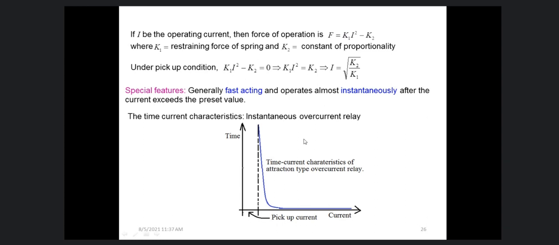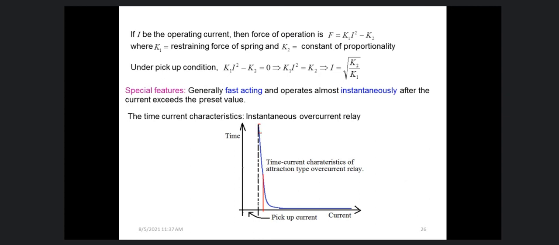So what will be the time current characteristics? Ideally, beyond the pickup current, it will trip. So this side is time, this side is current. After the pickup current, it will take minimum time to trip, right? At a particular current here, it is taking a huge time, say infinity, up to here.